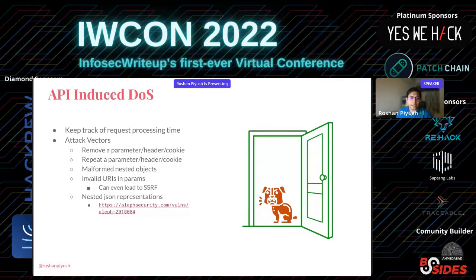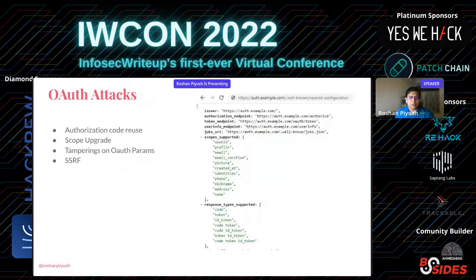I think we are already reaching over time, so I'll just be very quick with the last one. So there are OAuth attacks. Basically, every service may have this .well-known/openid-configuration. This gives you all kinds of scopes that are supported, and even all the different kinds of response types.